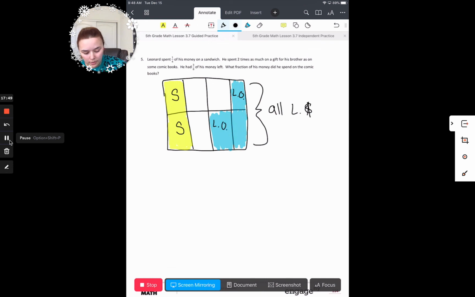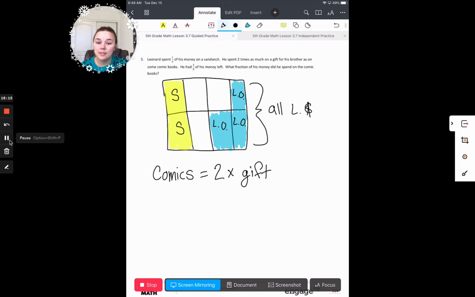Left over. So then he spent 2 times as much on a gift for his brother as he spent on some comic books. So we know that the comic books, I'll say comics, is equal to 2 times however much he spent on the gift.